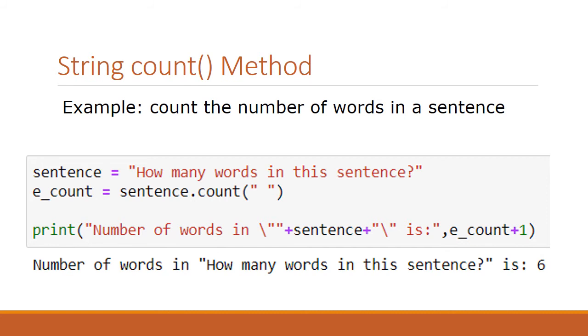Then we count the number of spaces in this sentence and we assign it to the variable eCount. And lastly, we print out the message: the number of words in "how many words in this sentence" is the number of spaces plus 1, or 6.